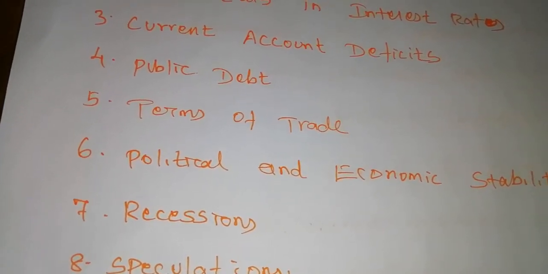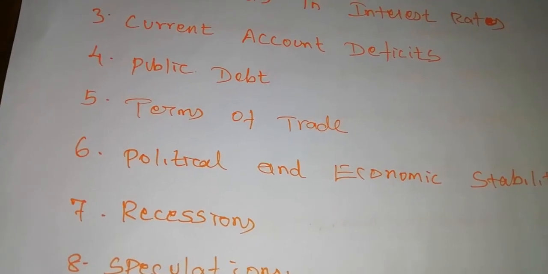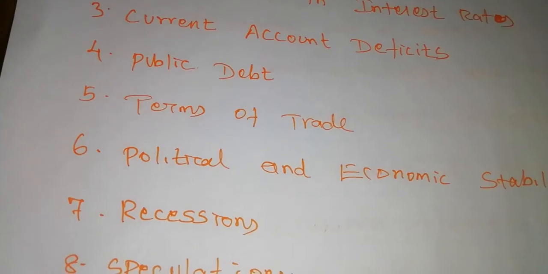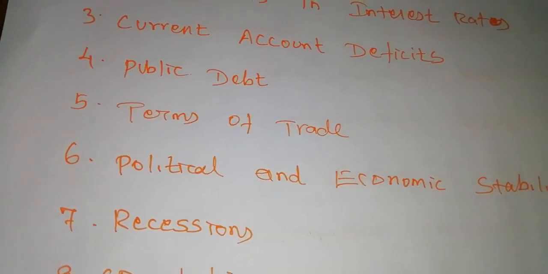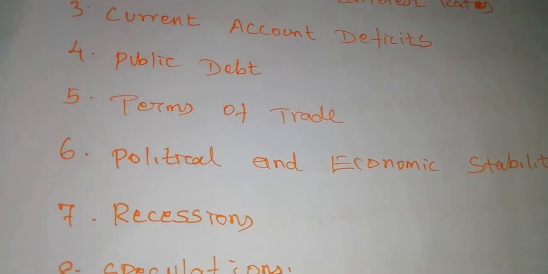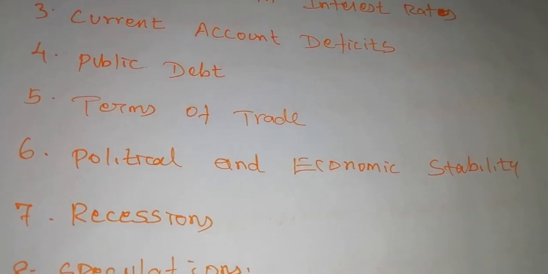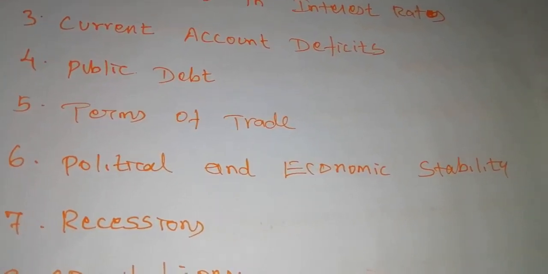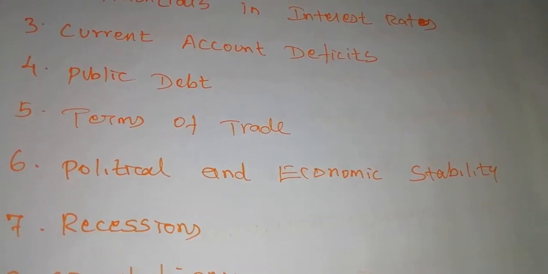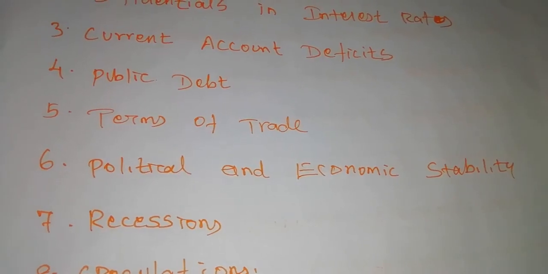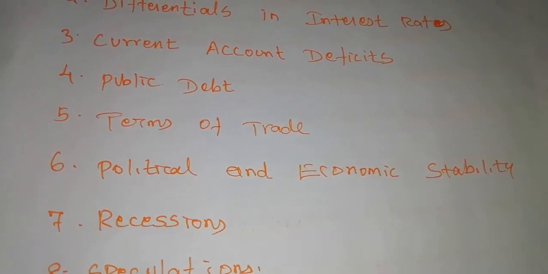Favorable terms of trade imply great demand for the country's exports, and thus the balance of payments becomes favorable. If we have a favorable balance of trade, the balance of payments will also be favorable.